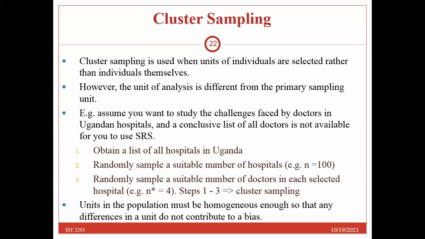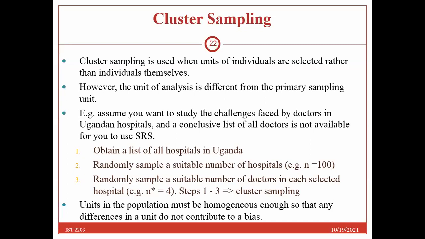So first you obtain a list of all hospitals, then you randomly sample suitable hospitals, and then you randomly sample a suitable number of doctors from each of the selected hospitals.